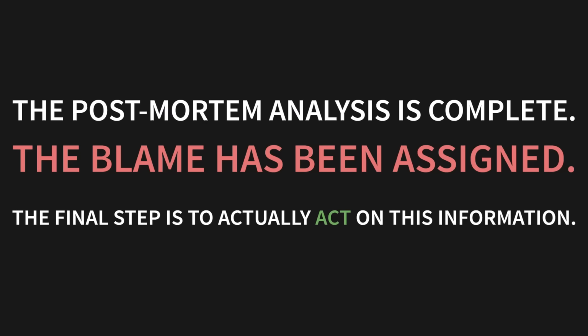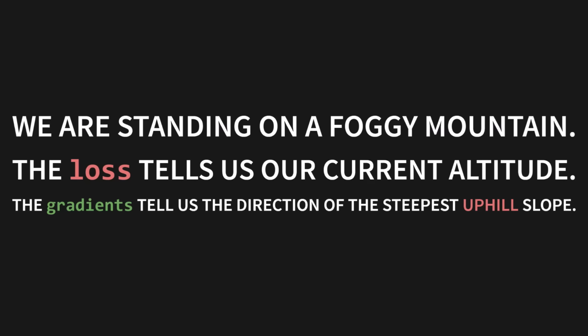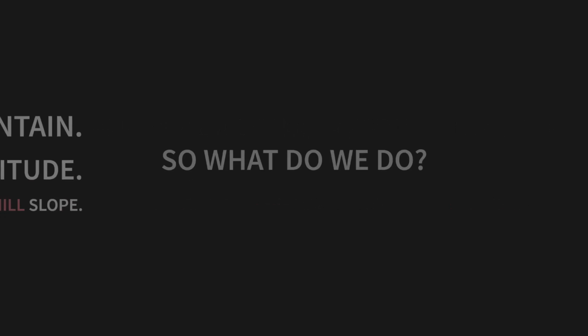Let's use an analogy. Imagine we are standing on a foggy mountain. We can't see the bottom, but we want to get there. The loss tells us our current altitude. The higher the loss, the higher up we are. The gradients, which we just calculated in the last chapter, tell us the direction of the steepest slope. So what do we do?